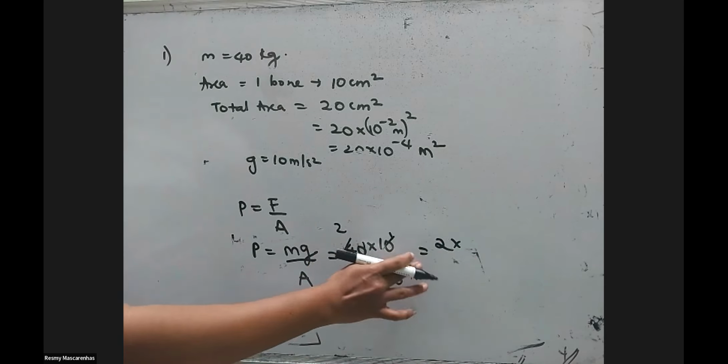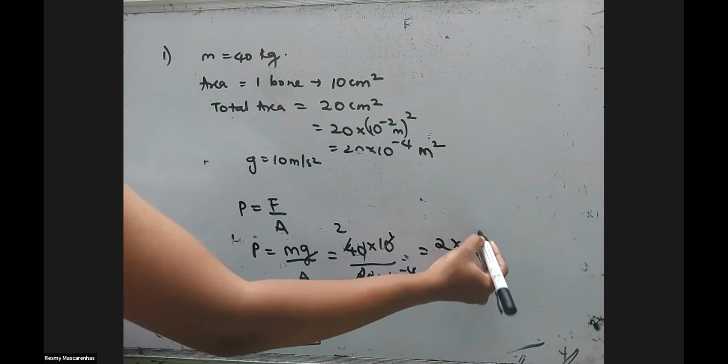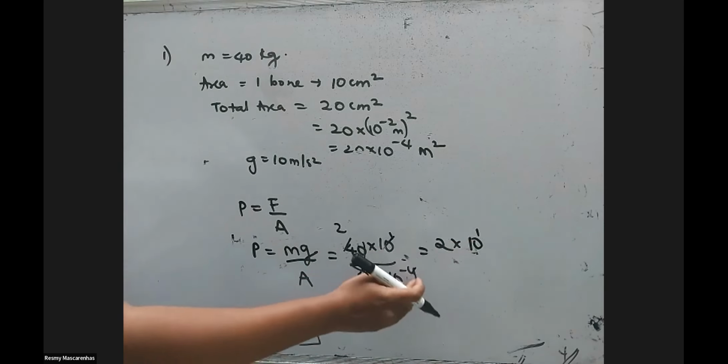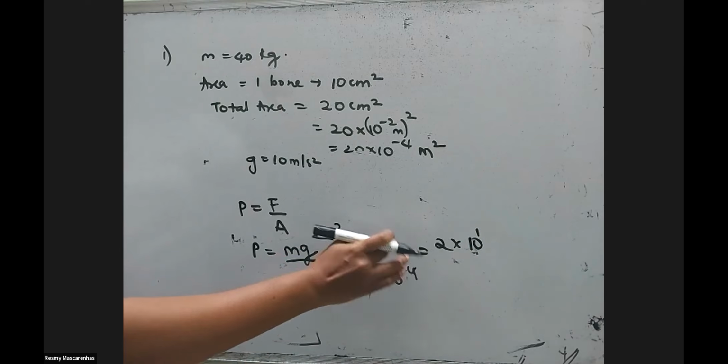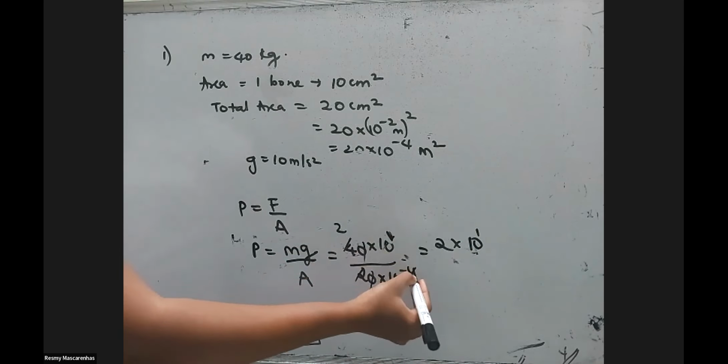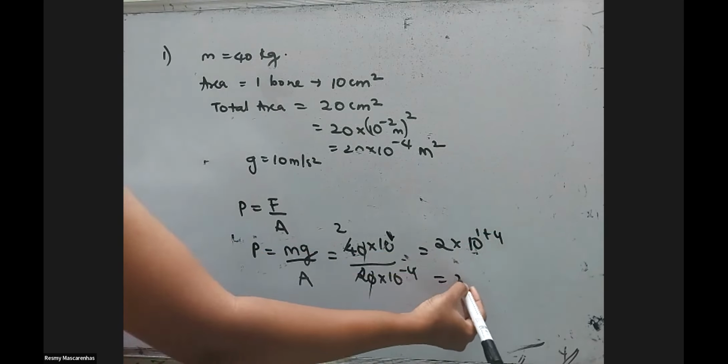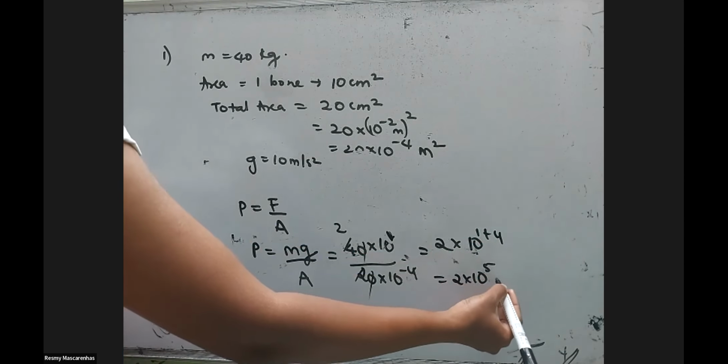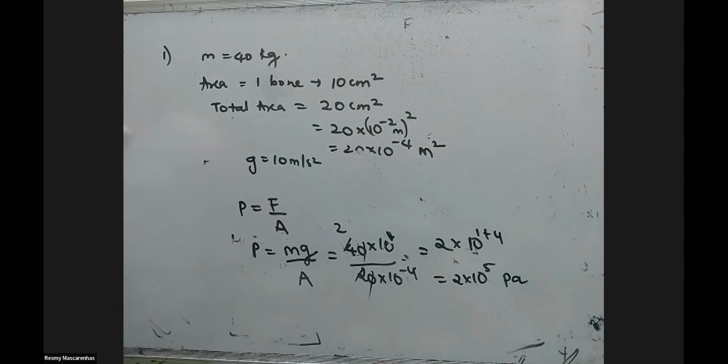The power is minus, so it will go up. The answer is 2 into 10 raised to 5 pascals. Unit of pressure is pascals. Next question.